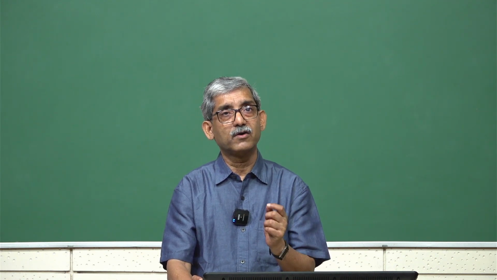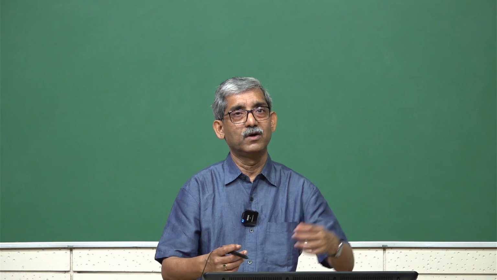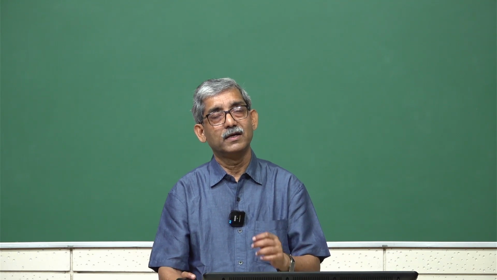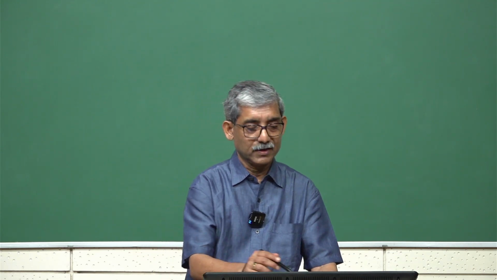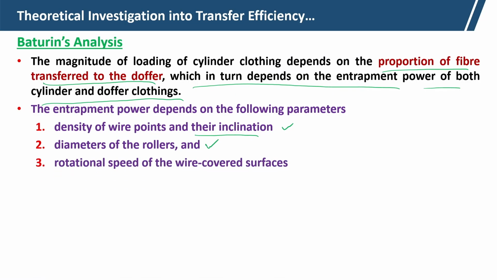Then the diameter of the roller: the diameter of the cylinder and doffer, and their ratio, will affect the transfer efficiency, and also the rotational speed of the cylinder or doffer. These are the parameters on which the transfer efficiency depends.